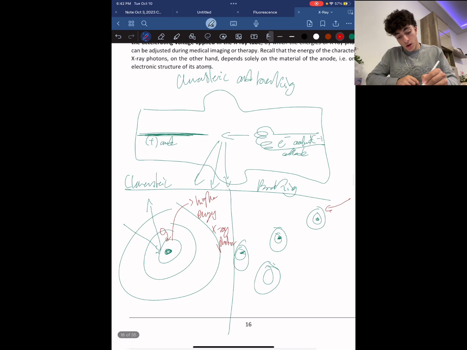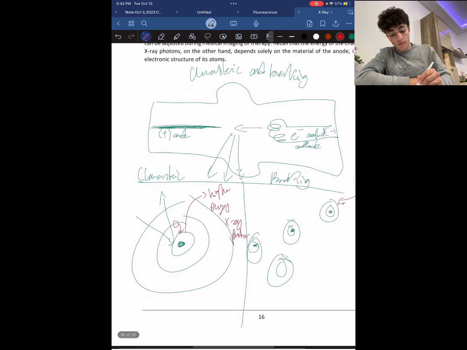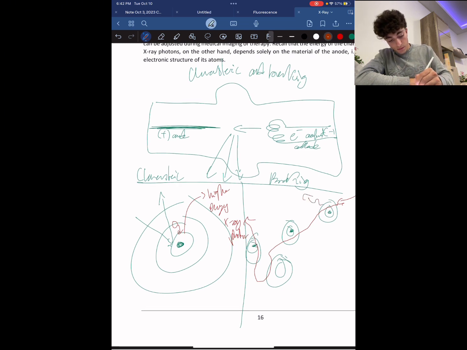The accelerated electrons, and they get really, really close to the nucleus of the anode, and they scatter a little bit. So, ooh, ooh, right? And it keeps going. And then we have loss of energy, which is released as an X-ray photon. Okay?